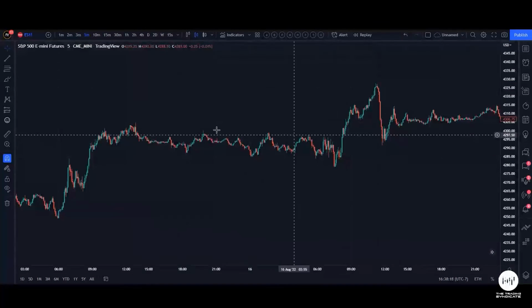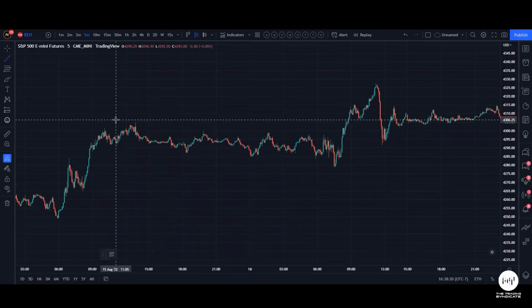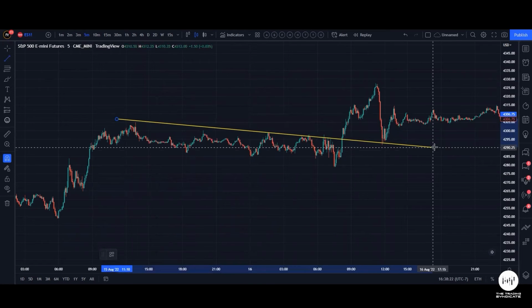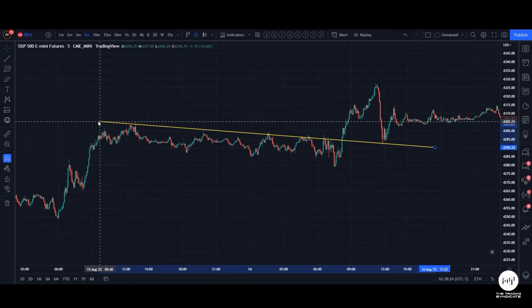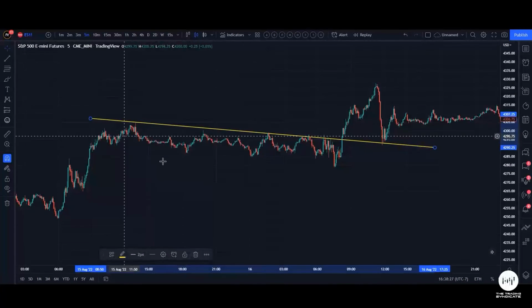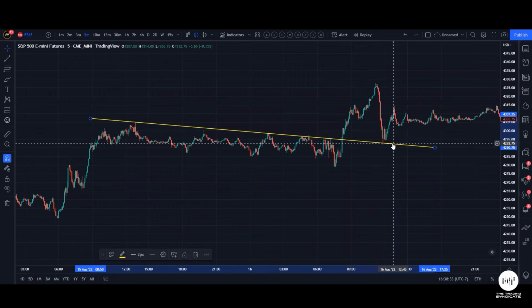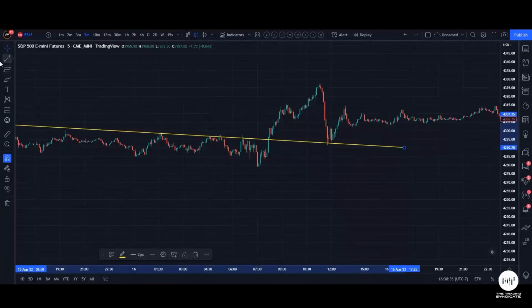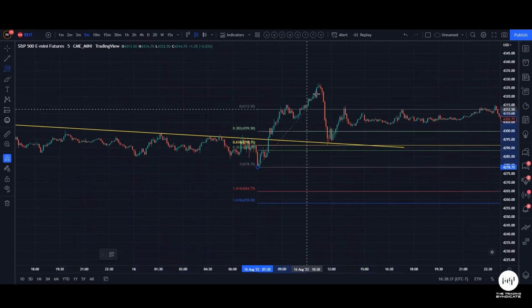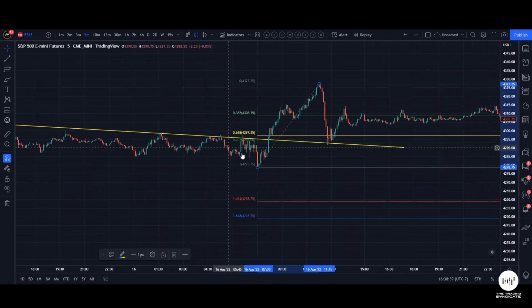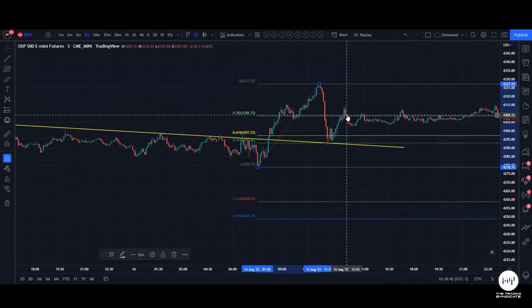Even on these longer channels, something like this, if I just draw out a trend line to capture this channel right here, you'll notice that we get a nice little trend channel. You can, of course, always enter on the breakout of this, but waiting for those retests is going to give you those lower risk plays. So just draw the trend line, draw the Fibonacci retracement, enter on the 0.618, and you can play that move on the bounce back to the upside there.